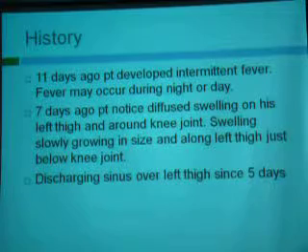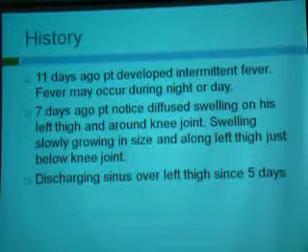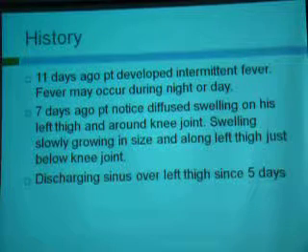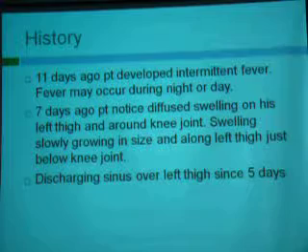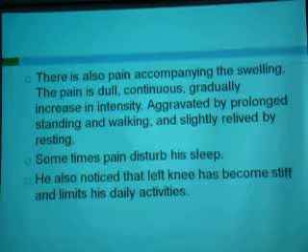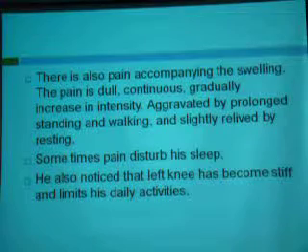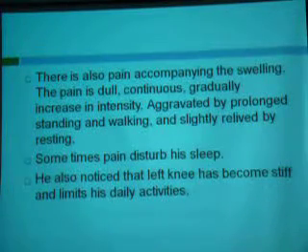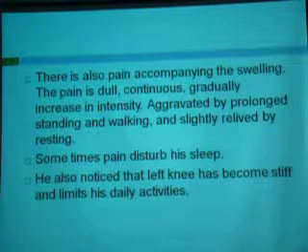So in this case, the patient developed fever and noticed a swelling which gradually grew in size and eventually ended up in a discharging wound since the last 5 days. In history, the important factors to ask for are the pain, its nature, the duration, and the aggravating and relieving factors.